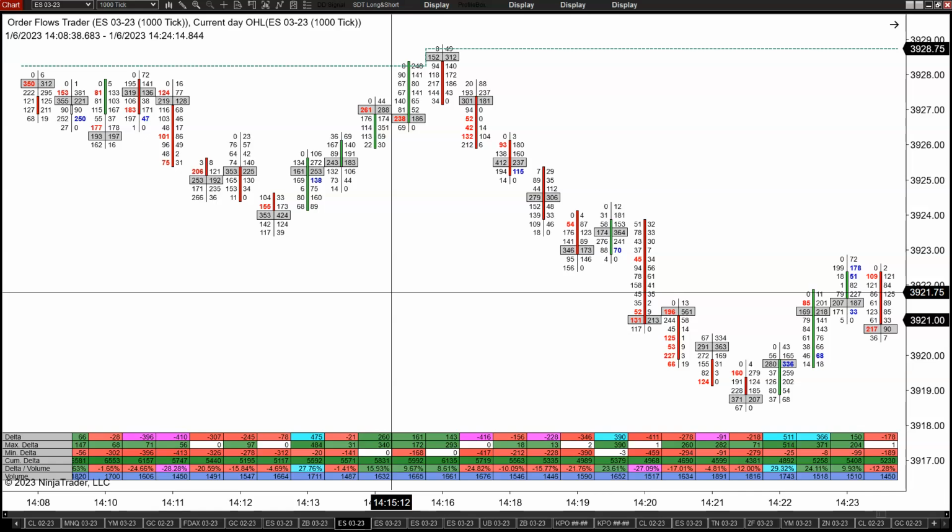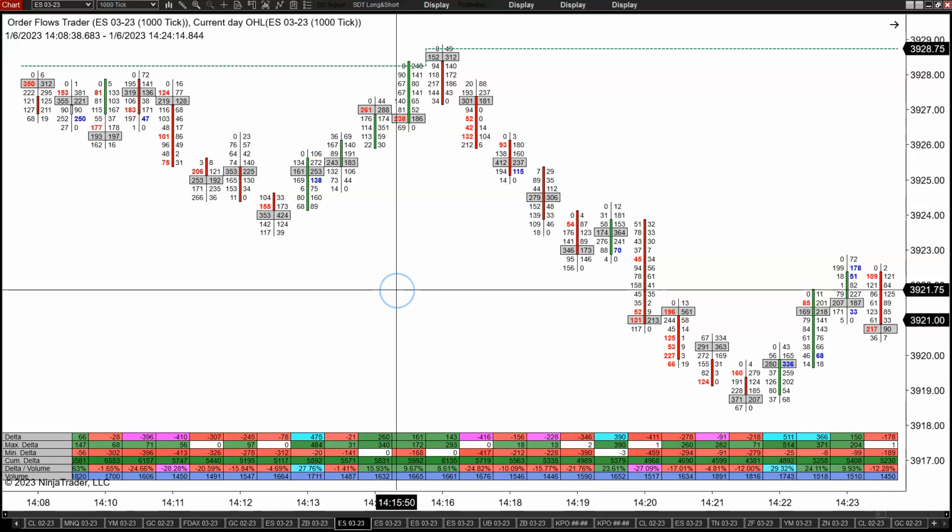I don't know how often, but the average trade size in the S&Ps is like 1.6 contracts. Of course, it's an average because a lot of people trade one lots, which brings down the average, and you've got the guys that trade 10, 50, 100 at a time, and all those execution algos.